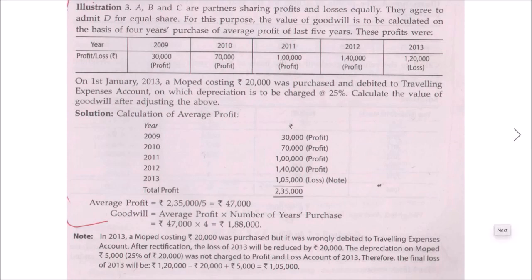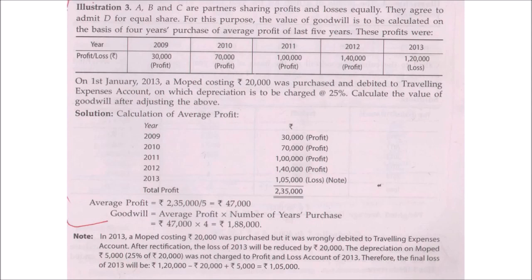So the amount of rupees 20,000 should be added back along with the profit of the year 2013, and we have to take 25% of rupees 20,000 as depreciation. That amount must be added back to the loss. Is it clear?